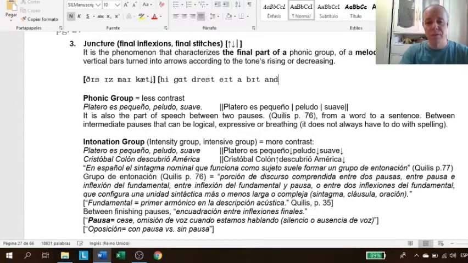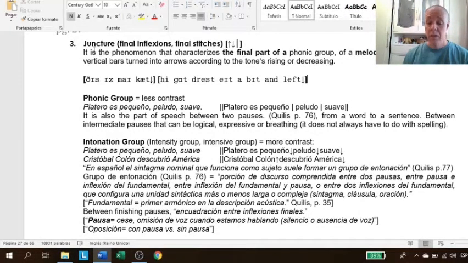I don't have schwas here. Imagine those are schwas. So decreasing juncture, yes, because he got dressed, ate a bit, and left.